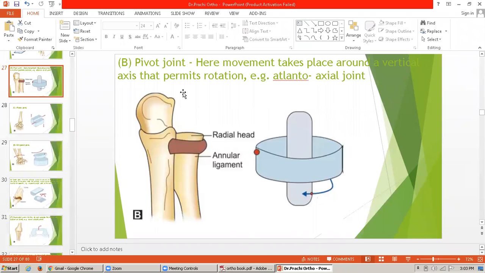So this is the vertical axis, and this axis permits rotation, so the atlantoaxial joint is seen in a pivot joint.